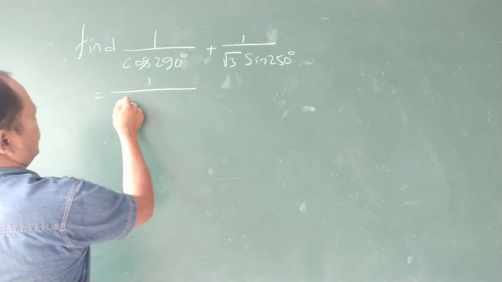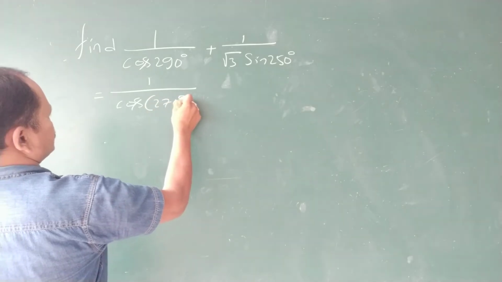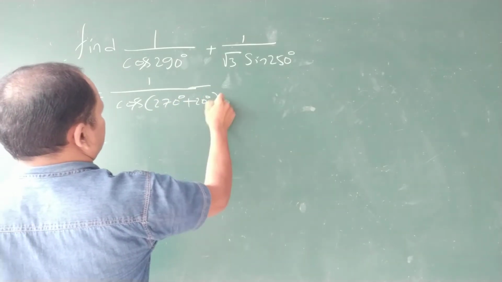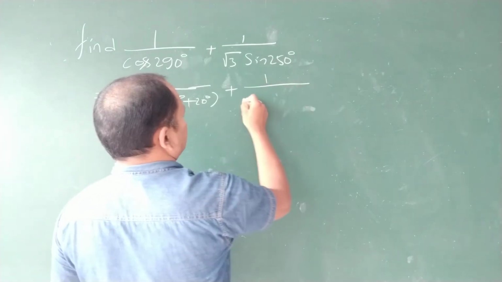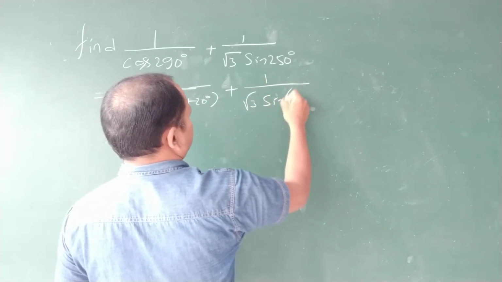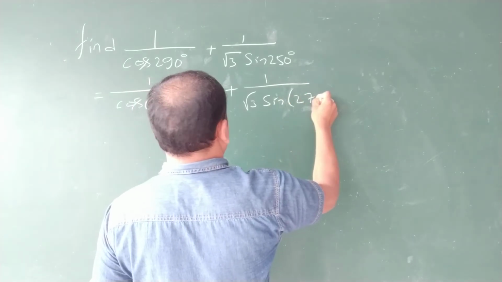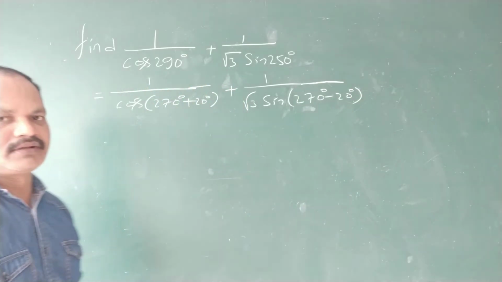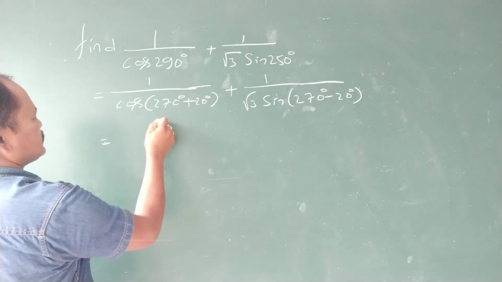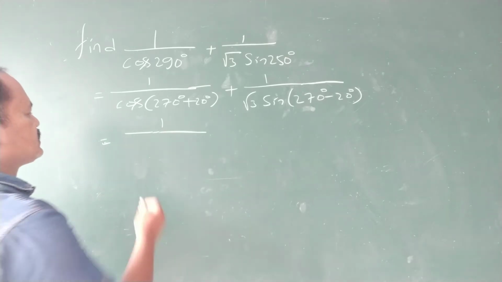1 by cos 270 plus 20, plus 1 by root 3 times of sine 270 minus 20. That's all. So this is 1 by cos 270 plus theta, which is sin theta.